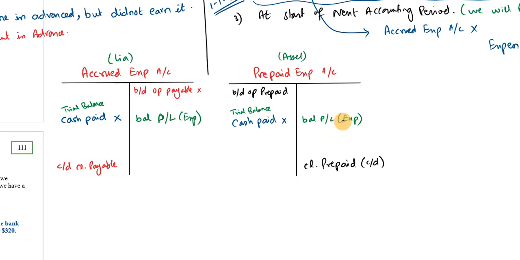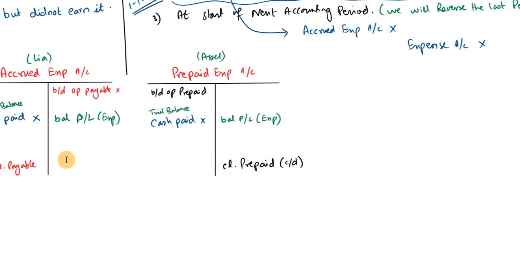So this is the separate format of accrued expense and prepaid expense. Just look at these accounts, then we'll go further. Okay, just revise it. Okay, so you have revised it.